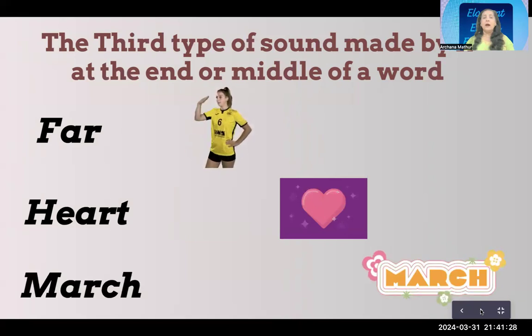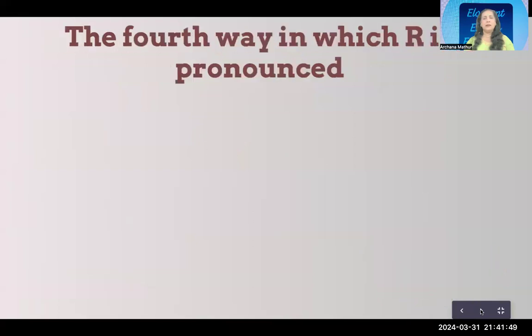The last one, march. Far, heart, march. So the R is not to be heard. It is subdued. It's sort of put down. So that was the third type of sound where you do not get to hear the letter R.